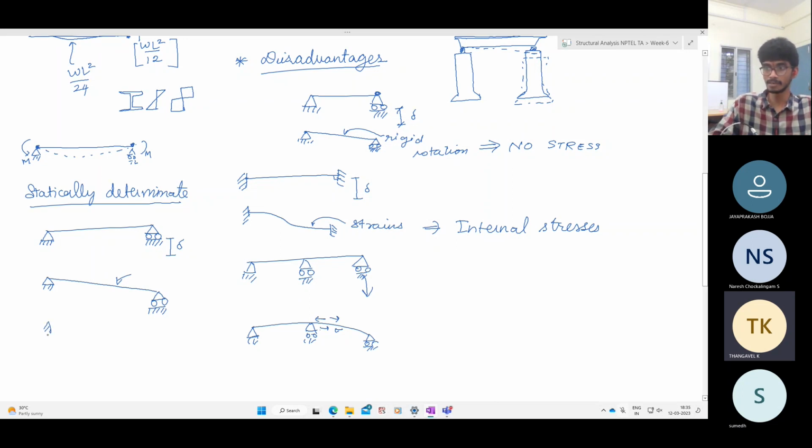Similarly, if you take a cantilever beam, and because of some reason this support starts to rotate, it is not standing straight, again it rotates rigidly. The beam does not bend. Or if this support is sinking by some delta, then the beam just translates rigidly. So that is the benefit of statically determinate structures.